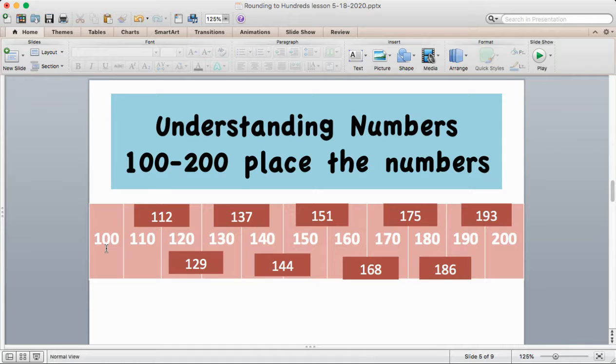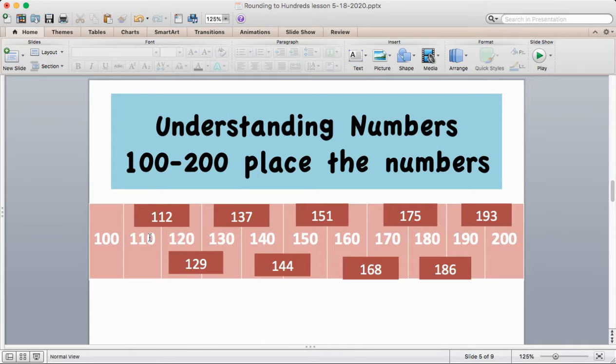So just like the other number line, this is all by tens. 100, 110, 120, 130, 140, 150, 160, 170, 180, 190, 200. That's our base number line in the center here, going across. These are the numbers that we placed in their correct spots. 112 fits between 110 and 120, so this is where it would belong.